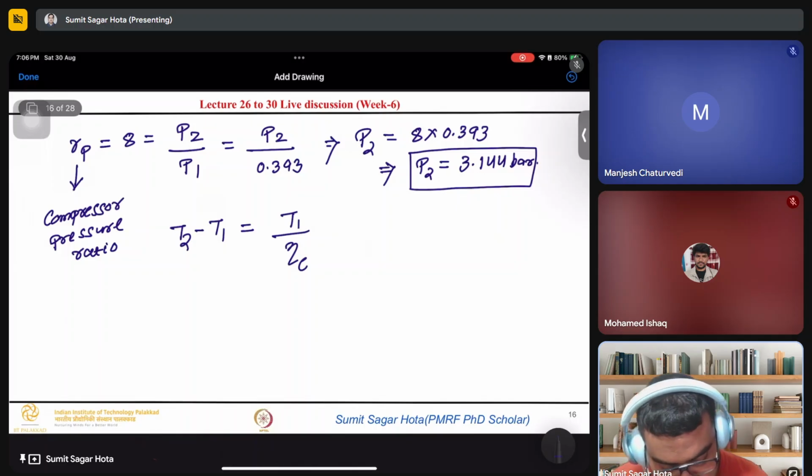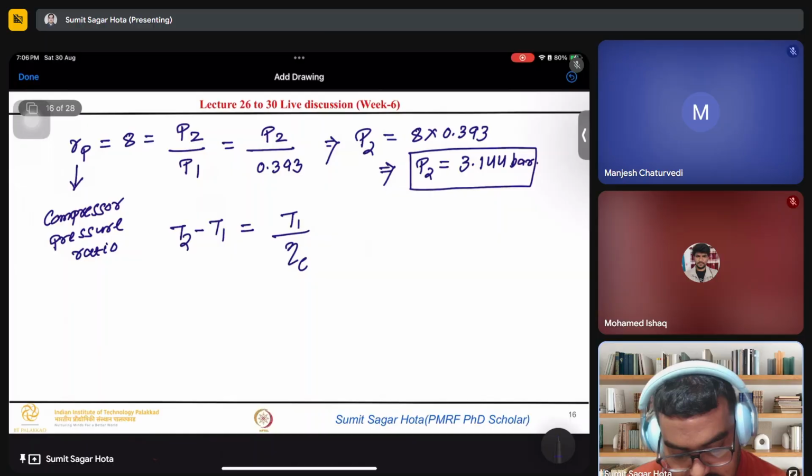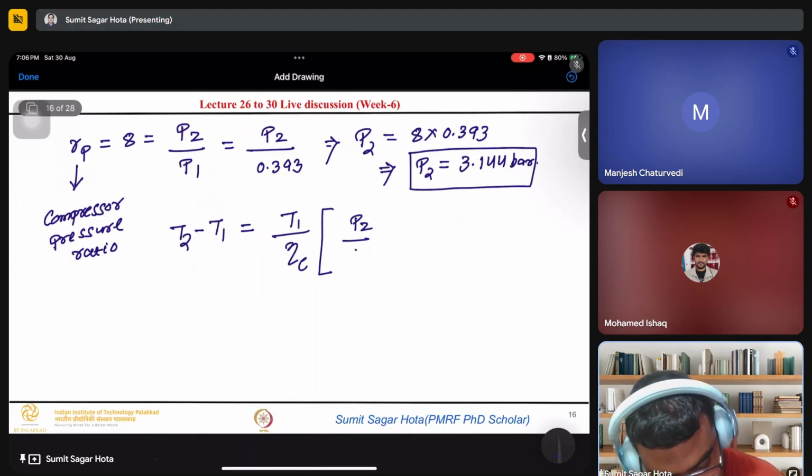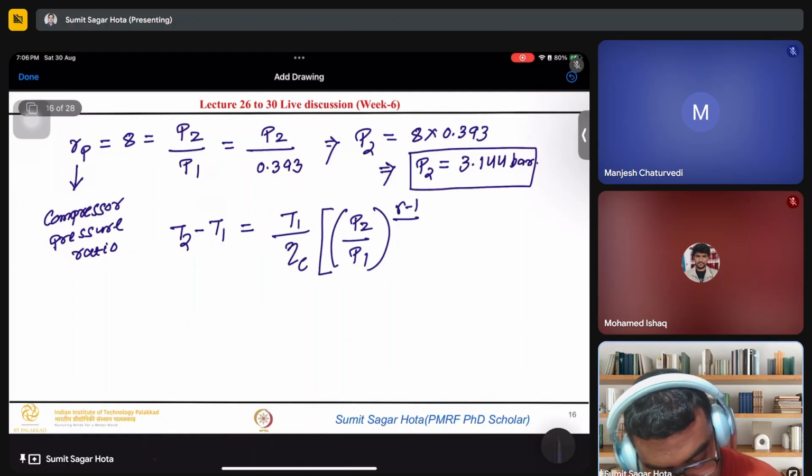Yes, so the formula is T1 by eta C into P2 by P1 to the power gamma minus 1 by gamma, minus 1.